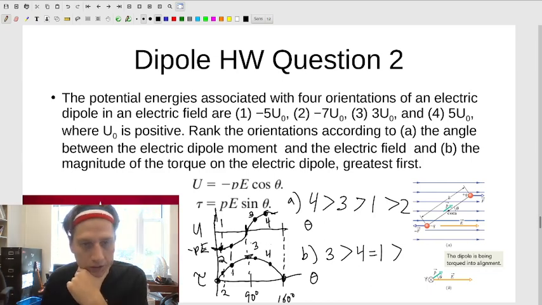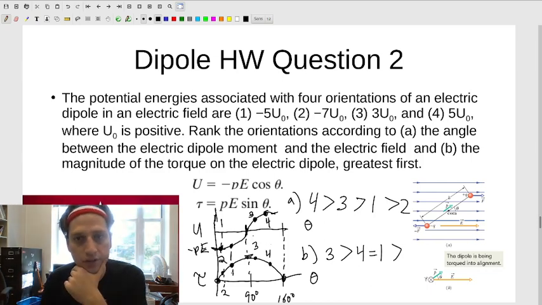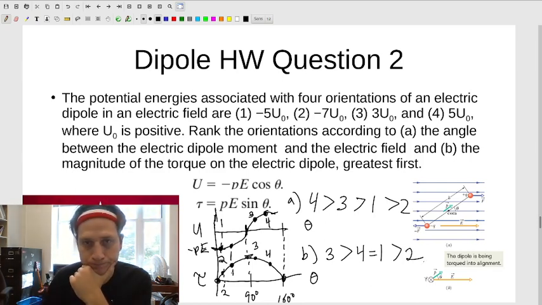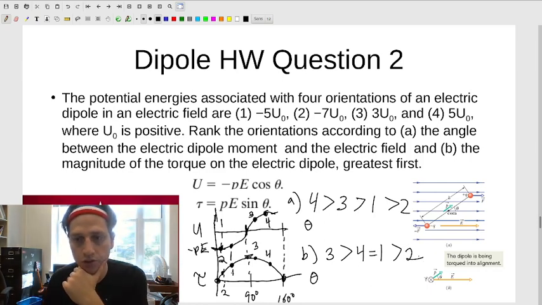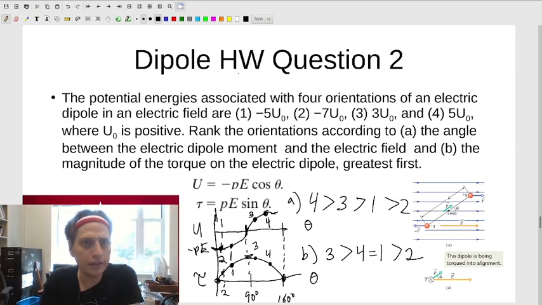And then the one that is most closely anti-aligned is going to be the smallest, or sorry, closest to aligned with the field. Okay, so it's all right if you think your way through it, but it is a little tricky to do that.